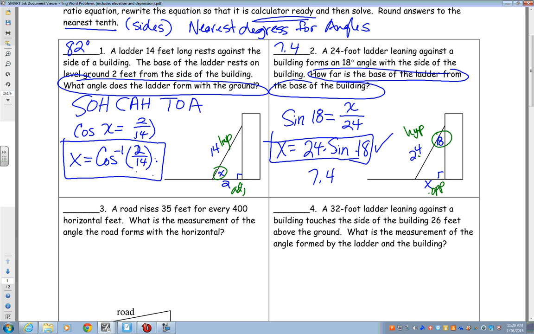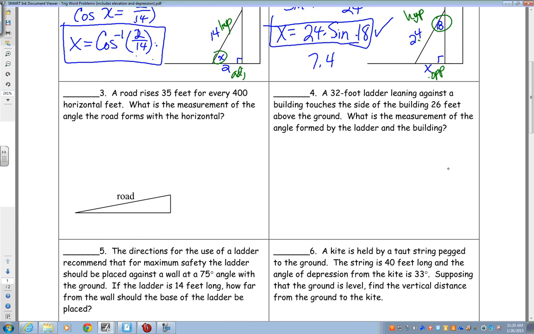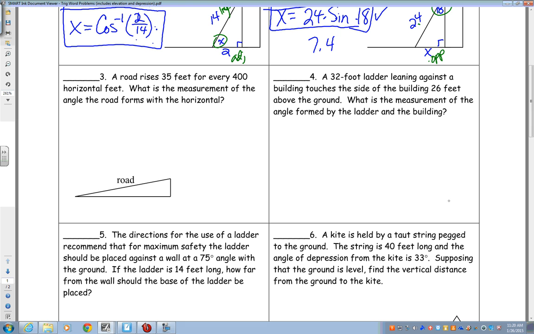Okay. All right, now, number 3. They gave you a partial diagram. A road rises 35 feet for every 400 horizontal feet. What is the measure of the angle of the road formed with the horizontal? So where's the 35 and the 400 going to go? 400 is the base for sure because this is horizontal, and that has to be the horizontal right there.